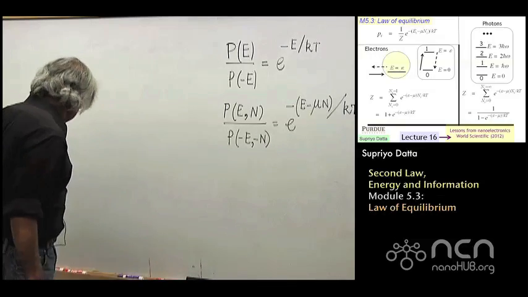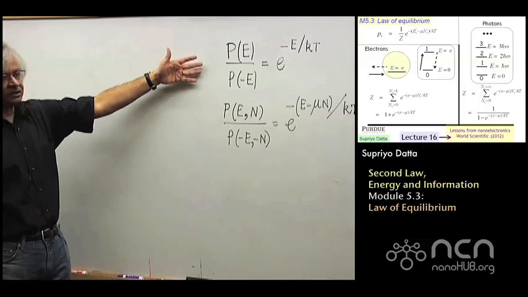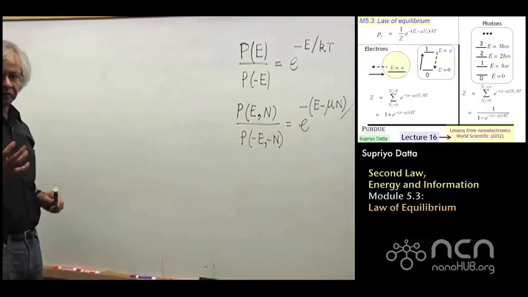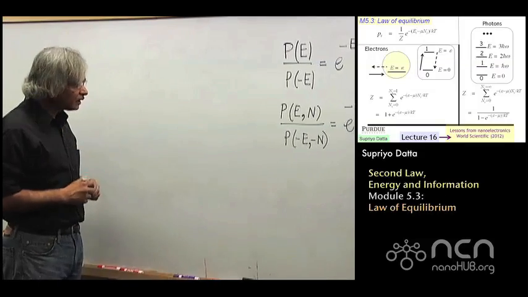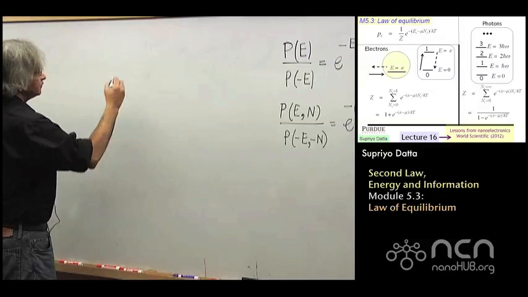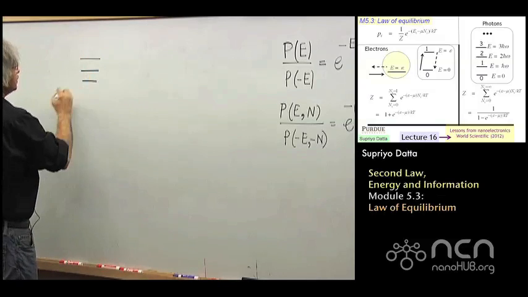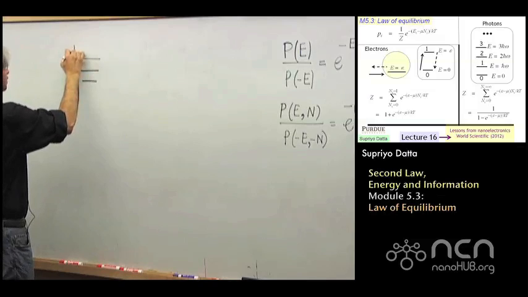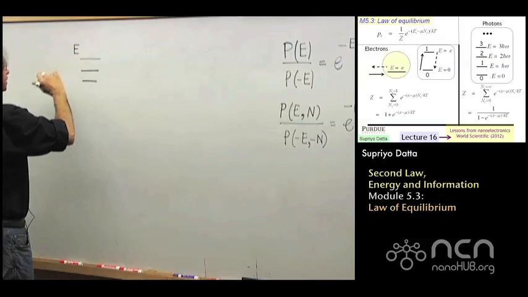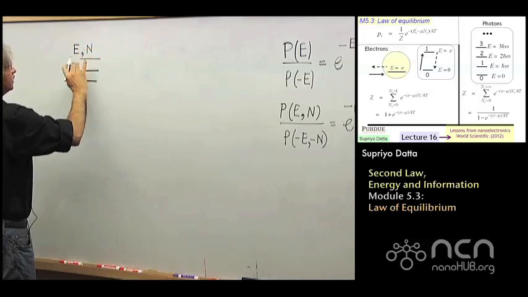Now, this idea leads naturally to this general law of equilibrium, which says that if you have a system with lots of states, say each state corresponding to some energy E and some number of electrons.